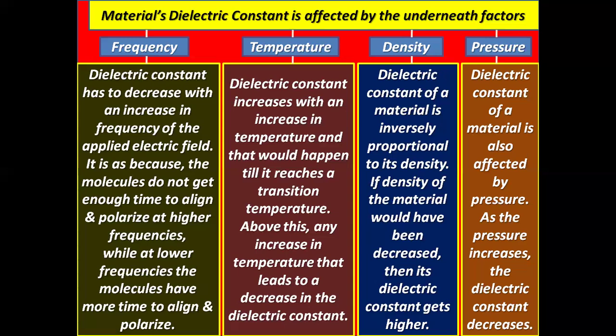Density. The dielectric constant of a material is inversely proportional to its density. If the density of the material is decreased, then its dielectric constant gets higher. Pressure. The dielectric constant of a material is also affected by pressure. As the pressure increases, the dielectric constant decreases.